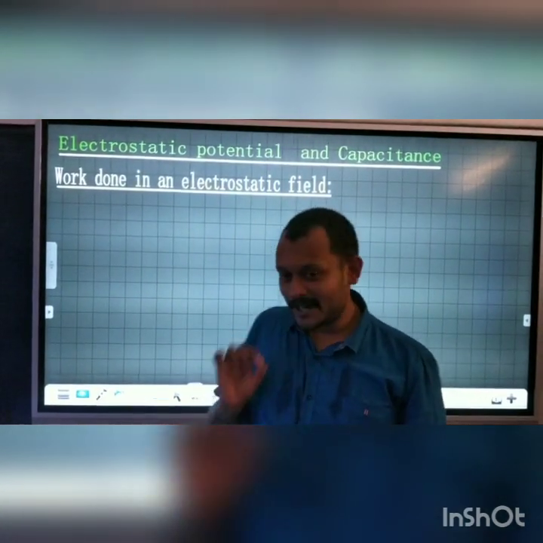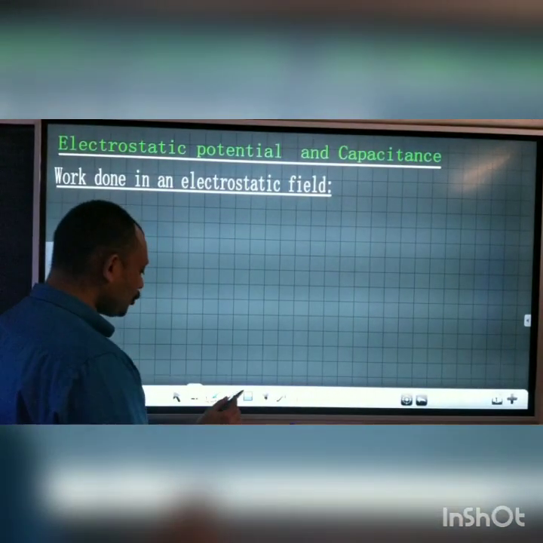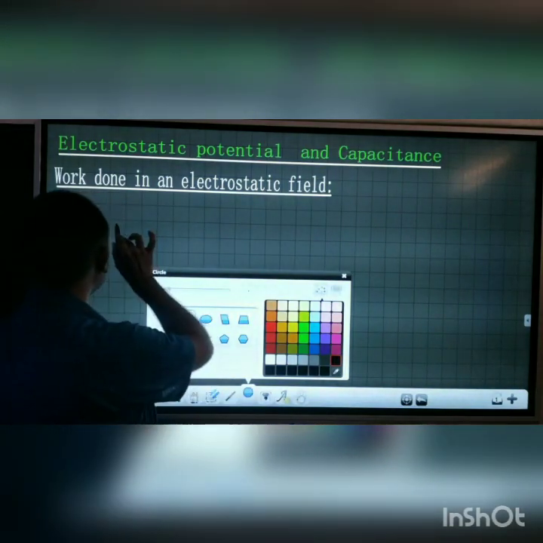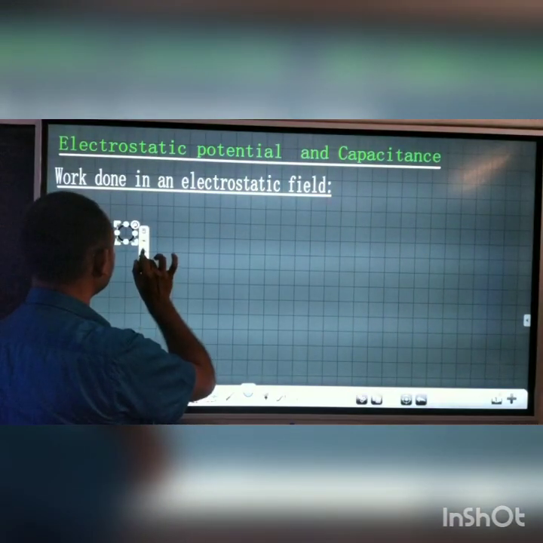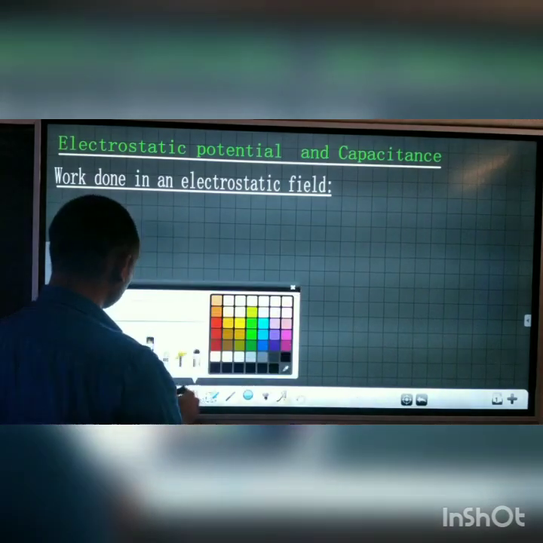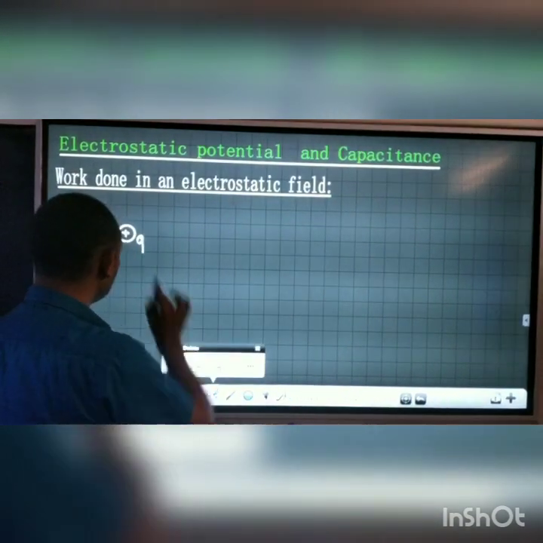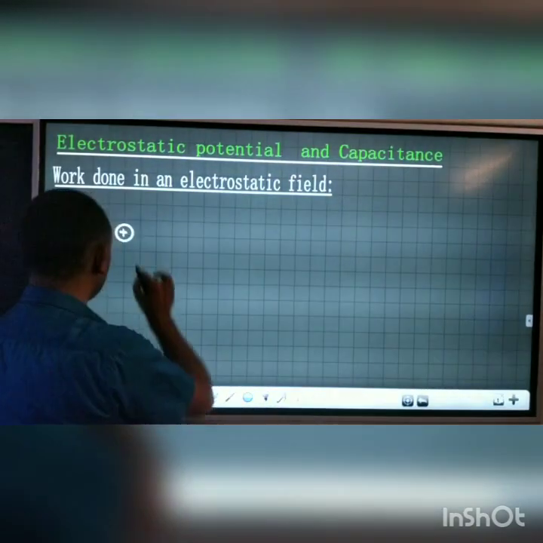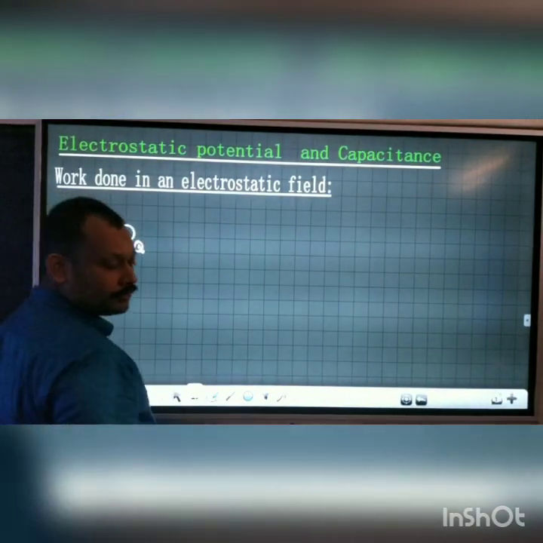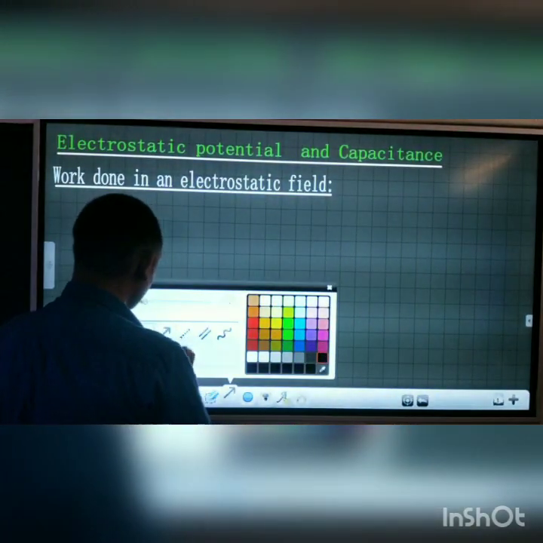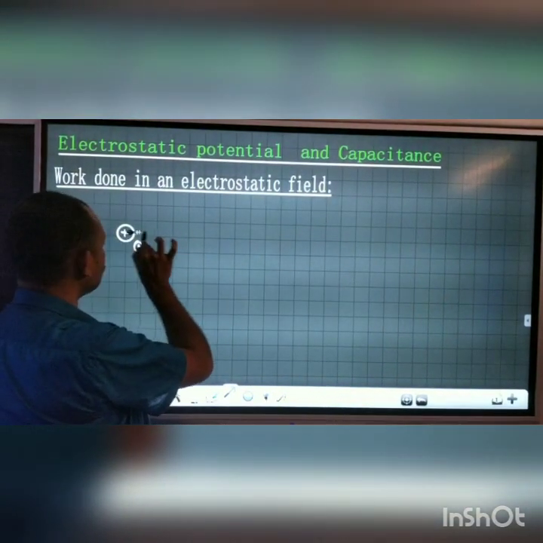So let us consider a positive charge, capital Q. Now, what is the direction of the electric field from this positive charge?